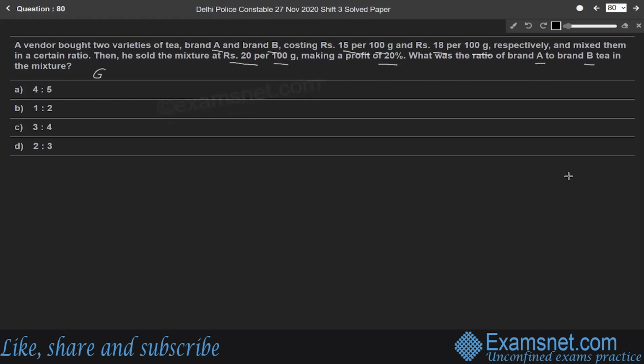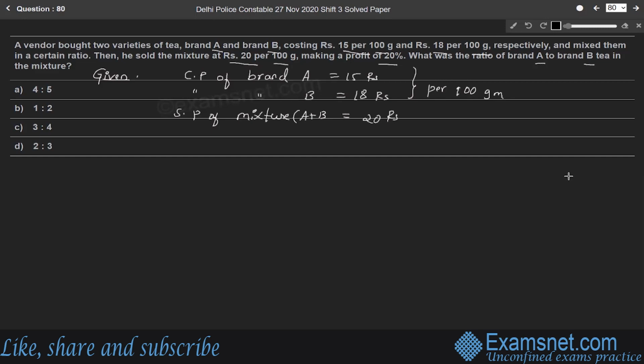So here, the cost price of brand A is 15 rupees and the cost price of brand B is 18 rupees per 100 gram, right? And the selling price of the mixture, that is A plus B, is 20 rupees per 100 gram, making a profit of 20%.